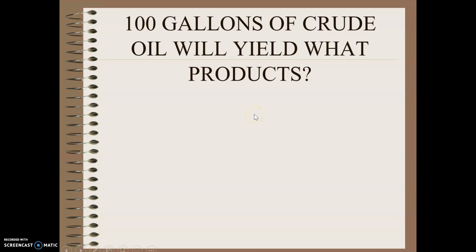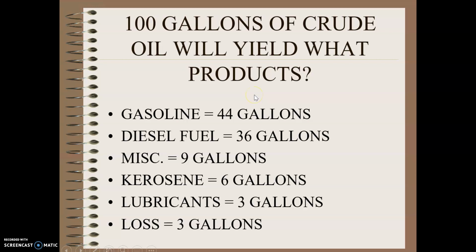So if we had 100 gallons of crude oil, how much would we get out of that 100 gallons? It would give us 44 gallons of gasoline, 36 gallons of diesel fuel, 9 gallons of just miscellaneous other products.